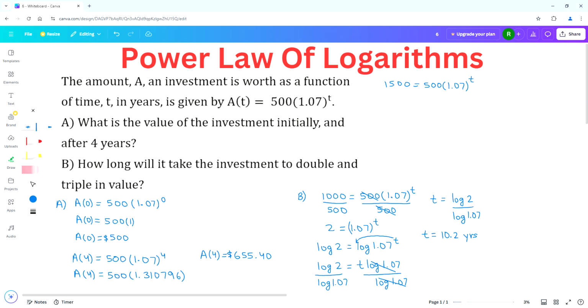We have to solve for t. t is the exponent on 1.07, so we should get rid of 500 by dividing both sides by 500. 1500 over 500 is equal to 3.